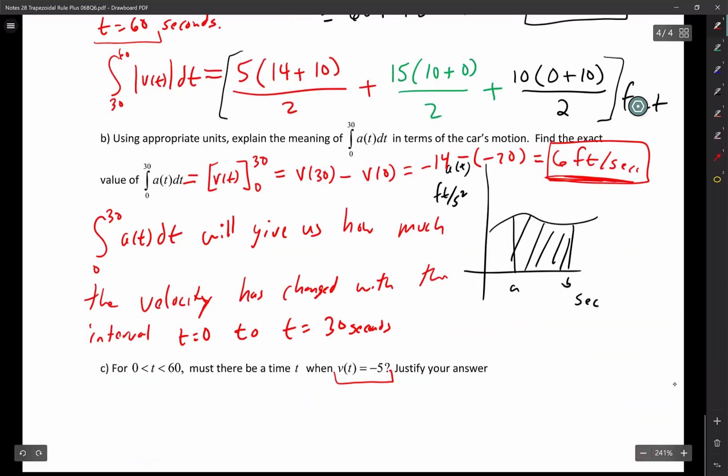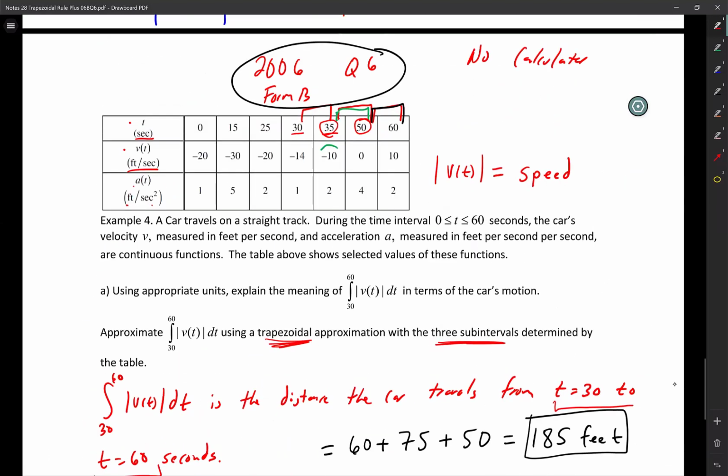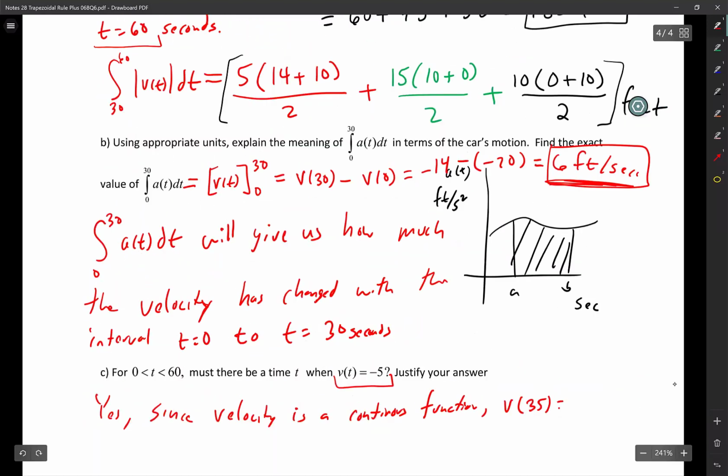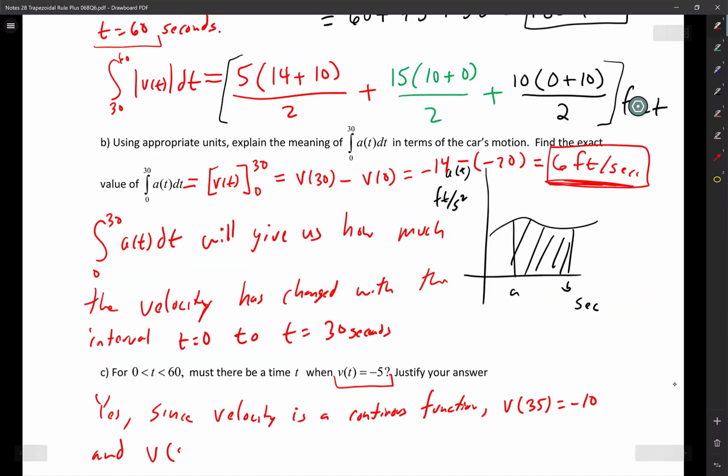So I would say yes, comma, since velocity is a continuous function, comma, and then I would write v of 35 equals negative 10, and v of 50 equals 0. And then I would put another comma.